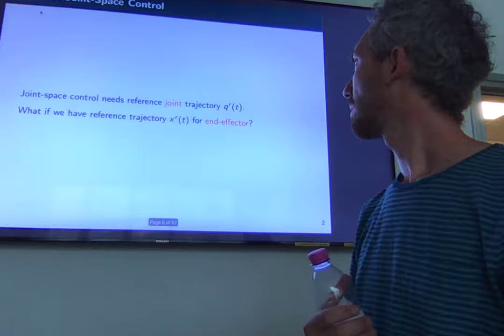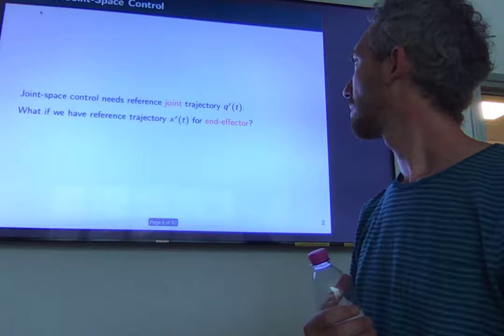That's basically the problem in mathematical terms. You need to find qr, so a reference joint trajectory, such that the forward geometry of qr is equal to xr. So the forward geometry is the function that gives you the end effector pose in terms of the joint angles. It's called also forward kinematics. Maybe you know it by that name.